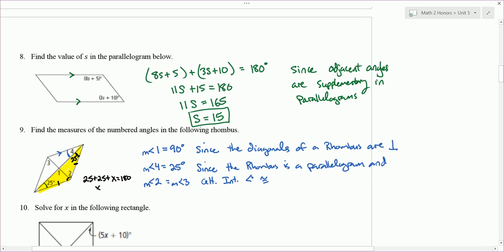Subtract 50 from both sides and you get x is 130.